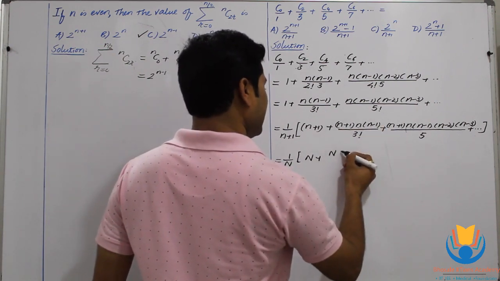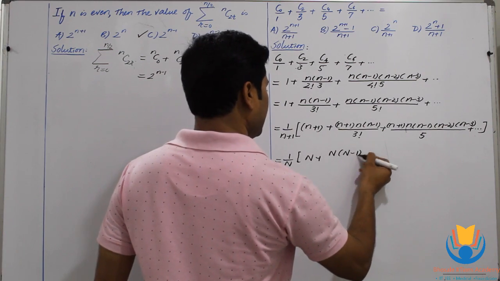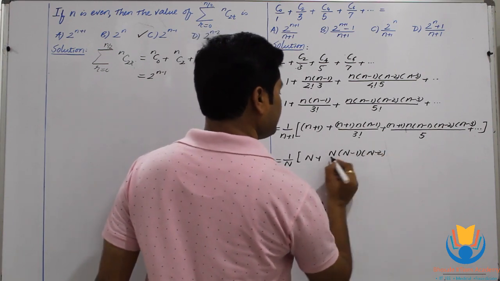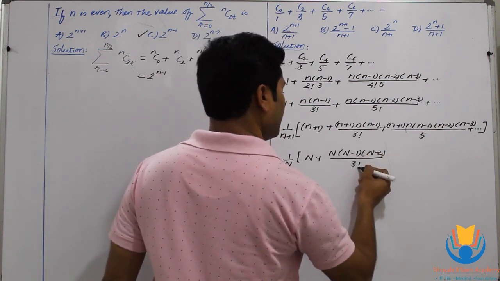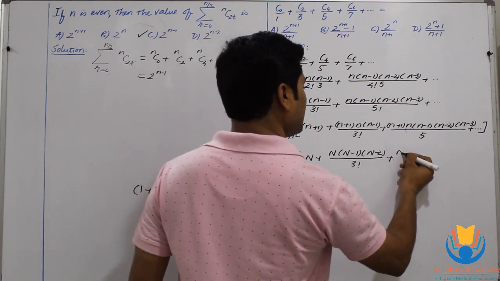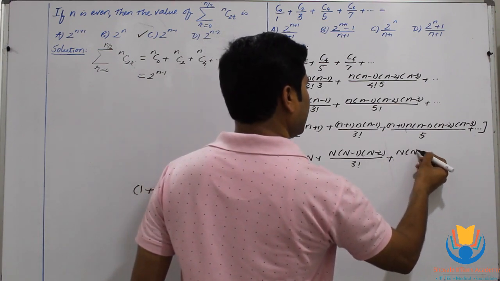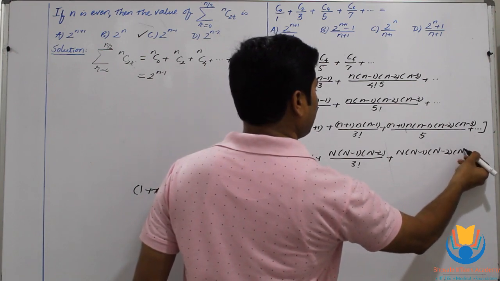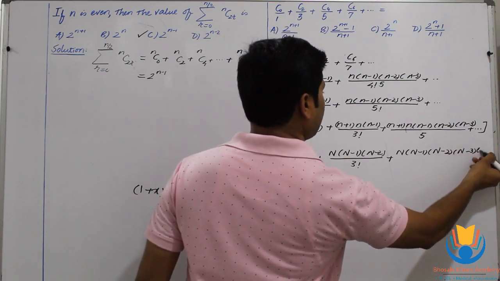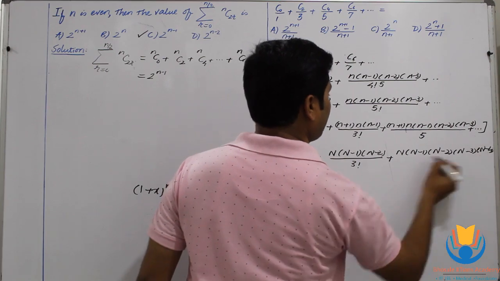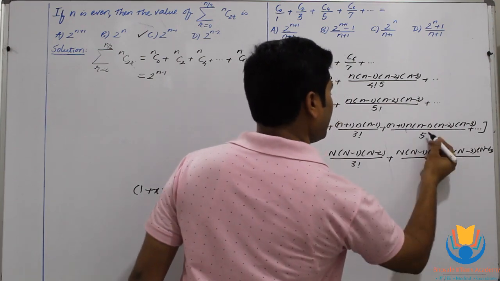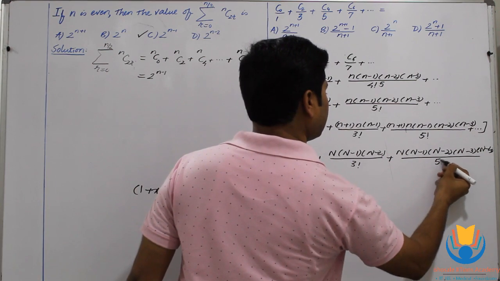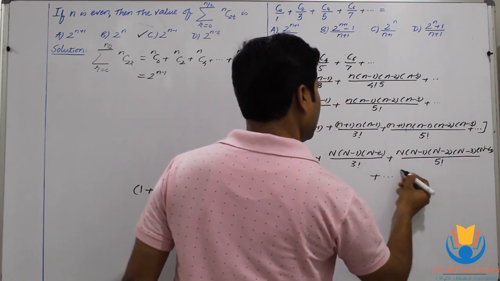So this is n into n minus 1 into n minus 2, that upon 3 factorial, remains as it is. Similarly here also n into n minus 1 into n minus 2 into n minus 3 into lastly n minus 4, that upon 5 factorial as it is, plus dot dot dot.